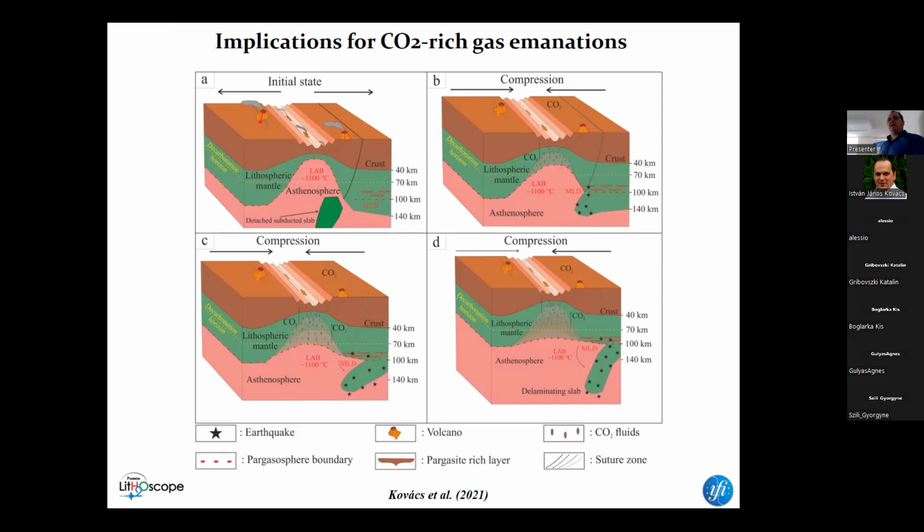Again, I'm not saying that this is the only source, but certainly if you don't have anything else, if you don't have decomposing carbonatitic rocks in the crust or whatever, then it can be a reason. And of course, if you focus and channelize this carbon dioxide into very localized deformation zones, you can extract a significant amount of carbon dioxide from the upper mantle.